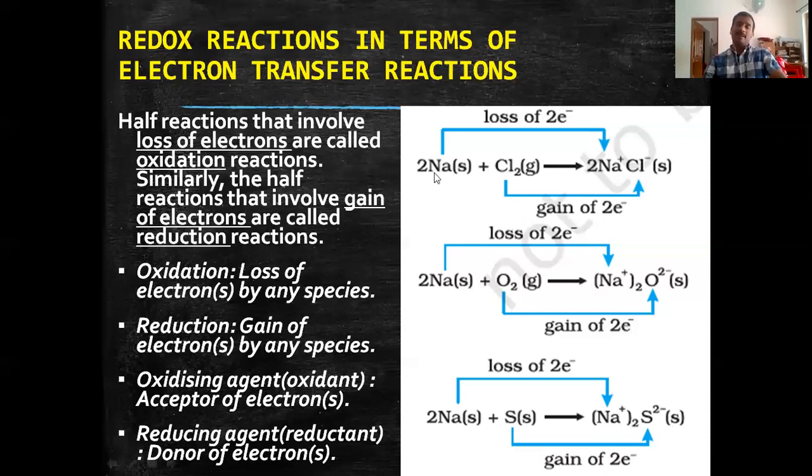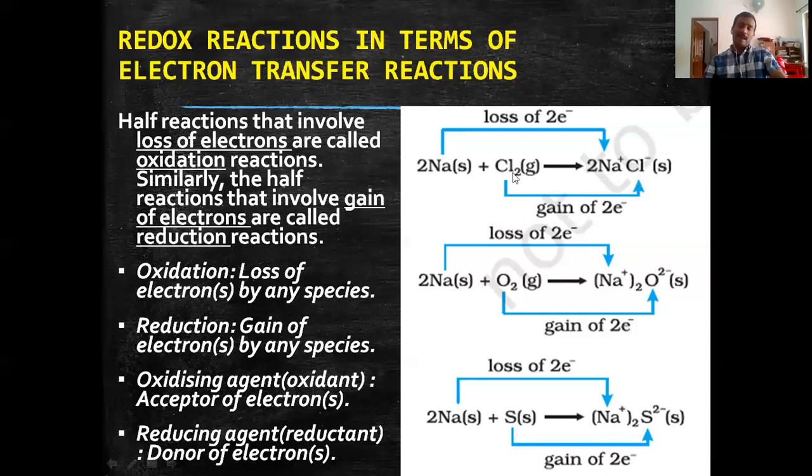Here we can see Na combines with Cl2 to form NaCl. Sodium is converted to Na plus by the removal of one electron. So for two sodium atoms, a total of 2 electrons are removed, changing to 2Na plus.